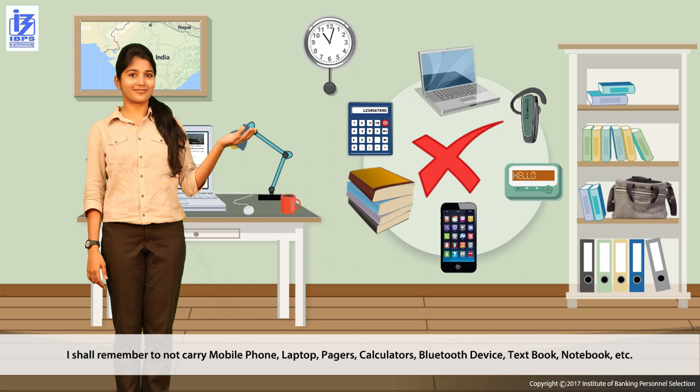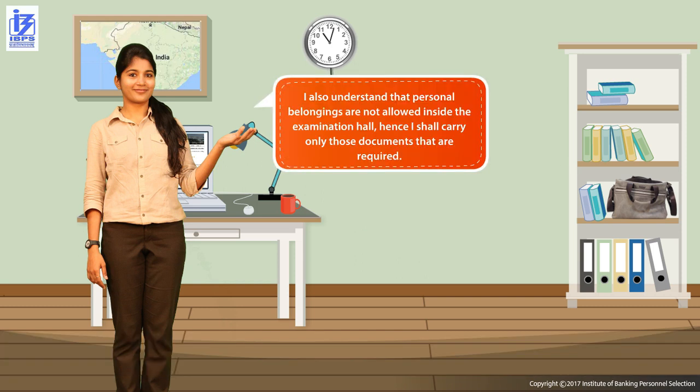I shall remember to not carry mobile phone, laptop, pagers, calculators, Bluetooth device, textbook, notebook, etc. I also understand that personal belongings are not allowed inside the examination hall. Hence, I shall carry only those documents that are required.